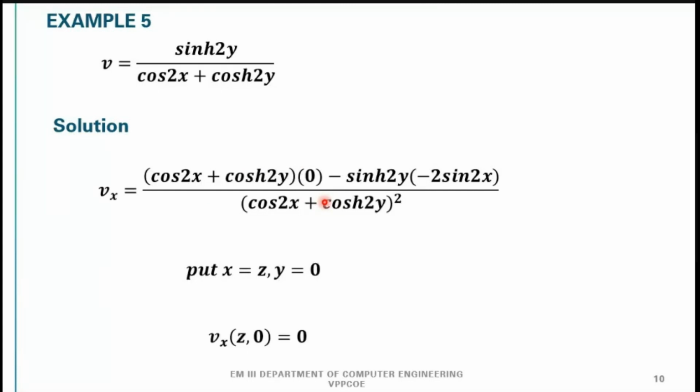Okay. Now calculate Vy. Same way, differentiating V partially with respect to Y. Again use U by V and put x is equal to Z, Y equal to 0. Okay, tell me what is Vy.